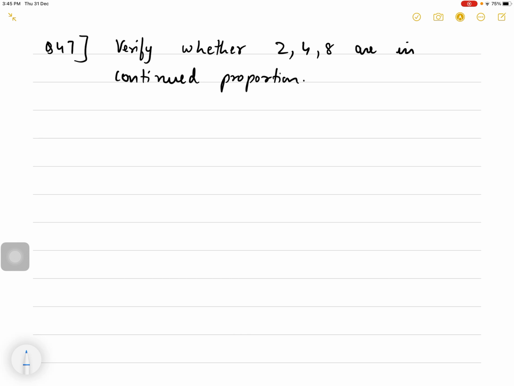Okay. Now let's see the next question. Verify whether 2, 4, 8 are in continued proportion. So we have to verify whether these are in continued proportion. In continued proportion, what happens? If A, B, C are in continued proportion, then A is to B is equal to B is to C. Right?